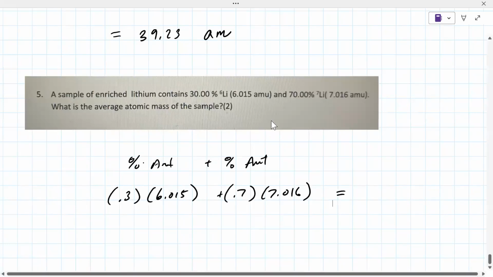With some reasonableness, you know that the number is going to be a little bit closer to 7 than 6, probably somewhere around 6.6, but we'll do the calculation. 6.7157 AMU.